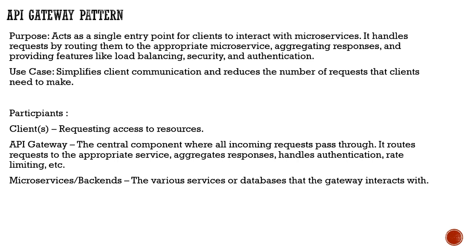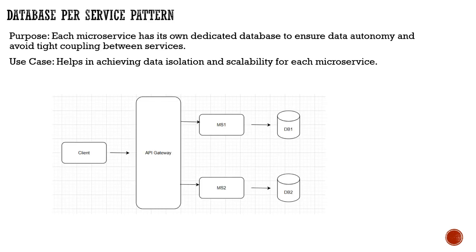It can also aggregate responses, handle authentication, and rate limit certain requests. Then come the microservices, the various backend and database services the gateway interacts with. This is one of the important design patterns.